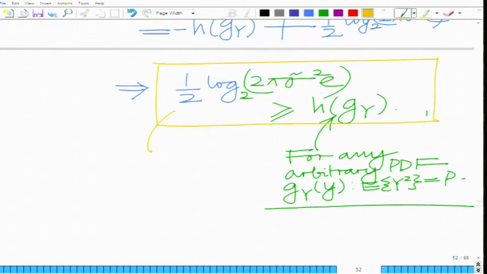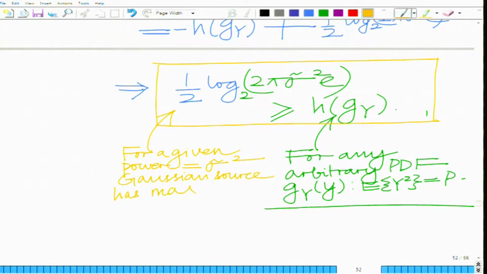That is, for a given power, amongst all the sources, the Gaussian source has the maximum differential entropy.